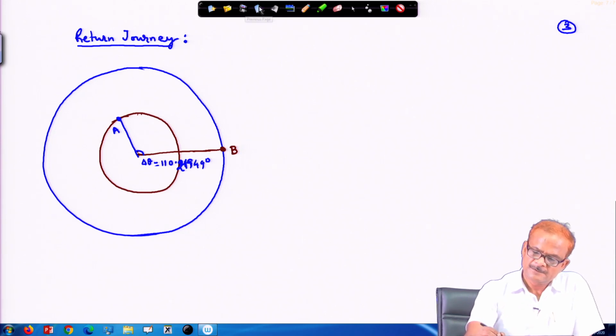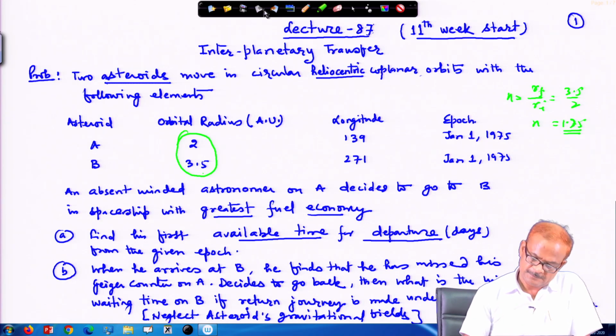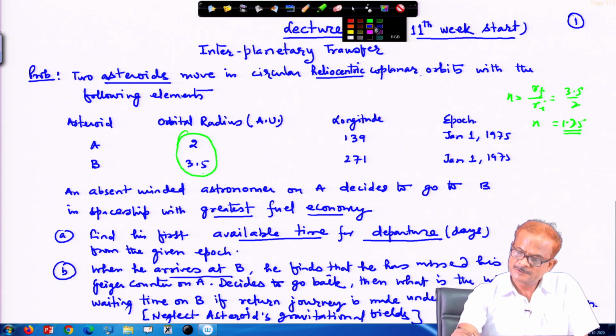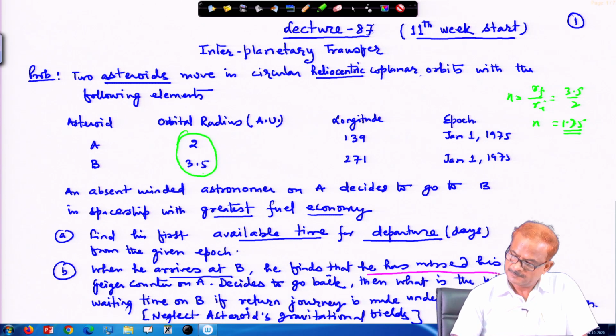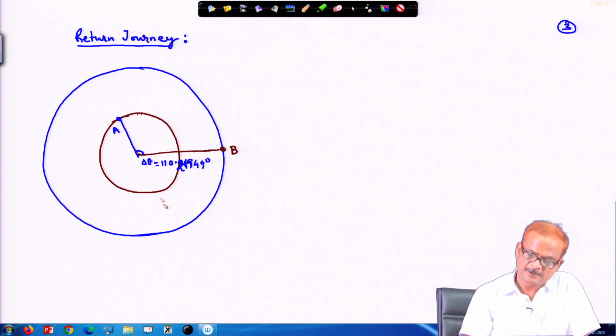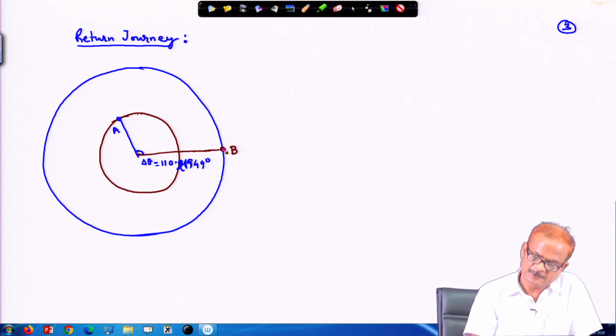So, it is asking, the question was that when he arrives at B, he finds that he has missed his Geiger counter on A, decide to go back, then what is the minimum waiting time on B if the return journey is made under fuel economy condition. So, again the wait time on B has to be, earlier it was wait time on A, now he has to wait on B, because the spaceship is on this.